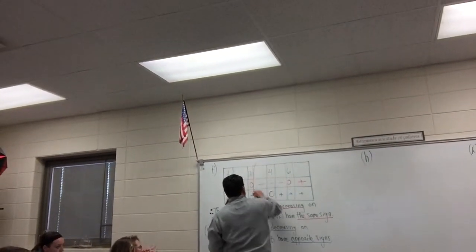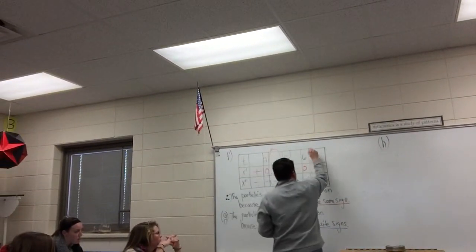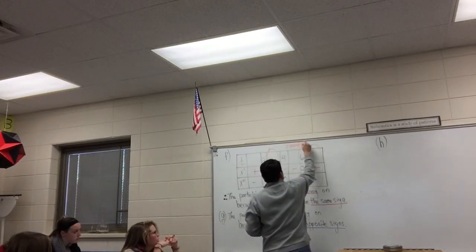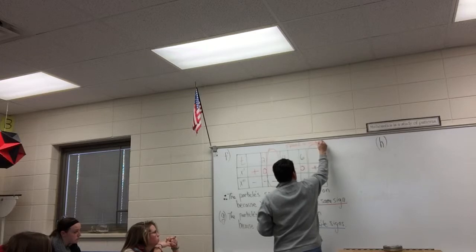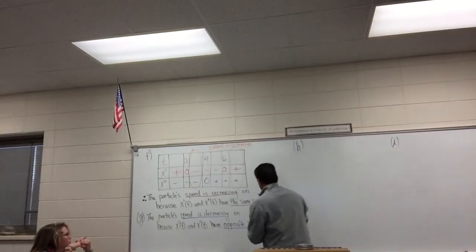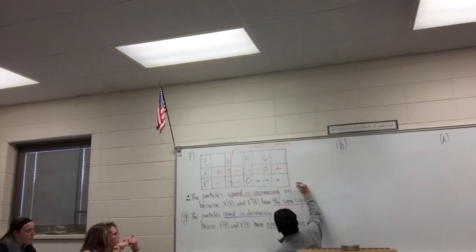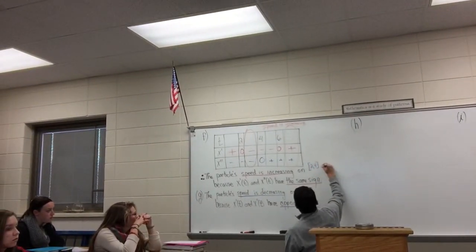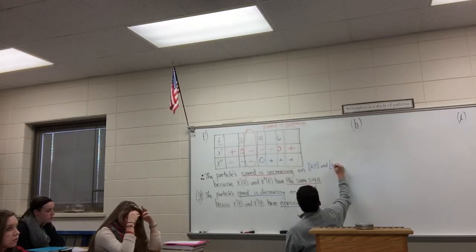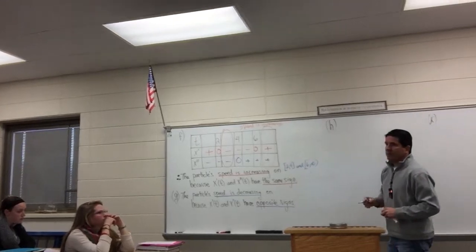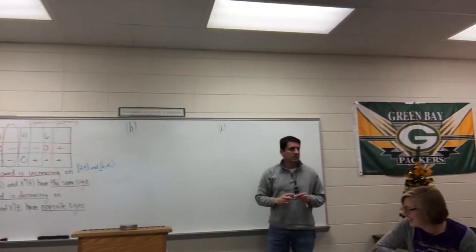So, right here and right here, the speed is increasing. So, over here, we are going to say speed is increasing on interval from 2 to 4 and 6 to infinity. Reason is because x prime and x double prime have the same sign.